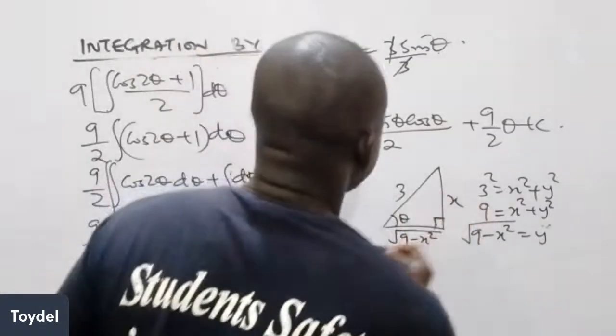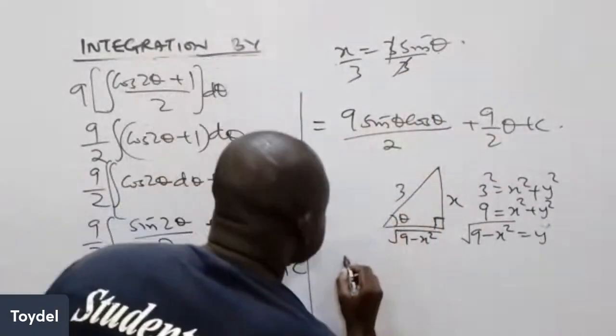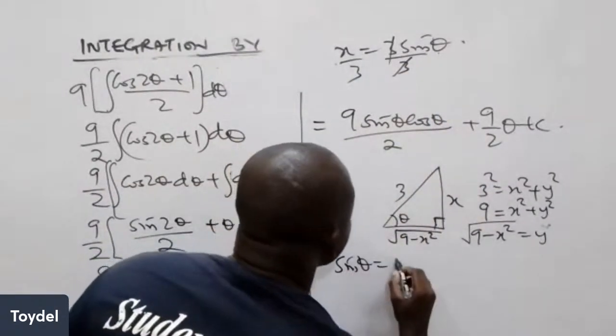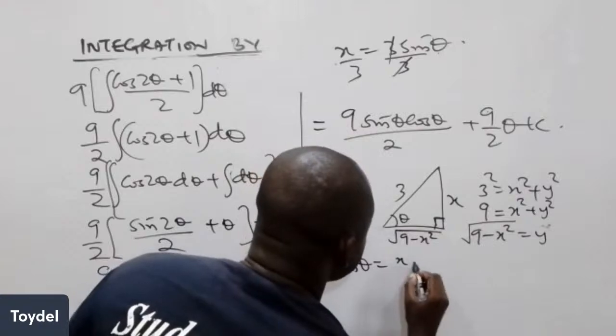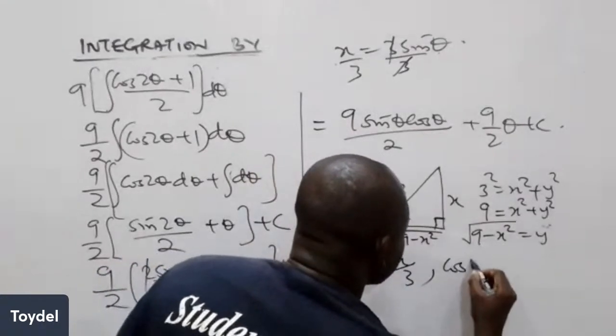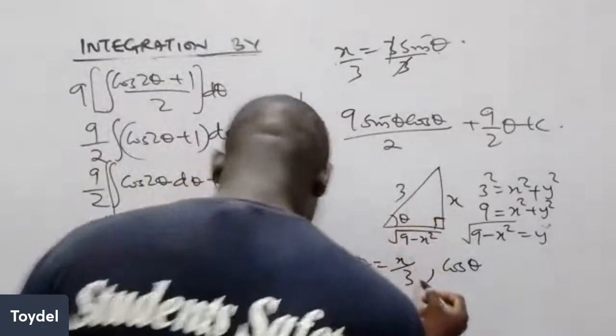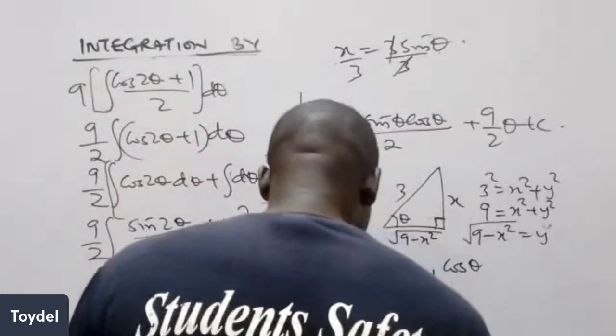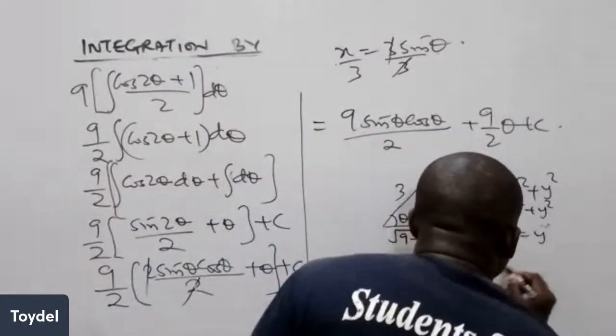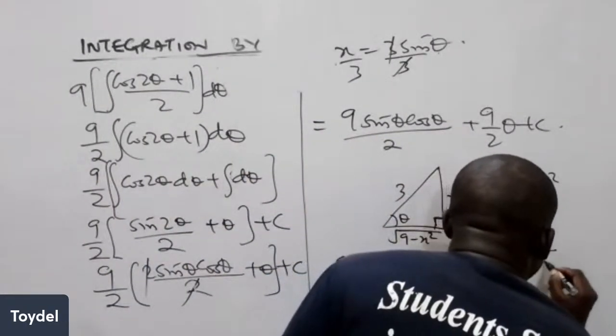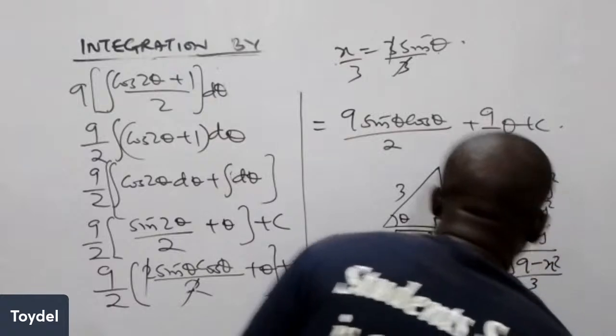Then from there now, I know sine theta already. That sine theta is equal to x all over 3. Then cos theta, cos is adjacent over hypotenuse. That will be the square root of 9 minus x squared all over 3.